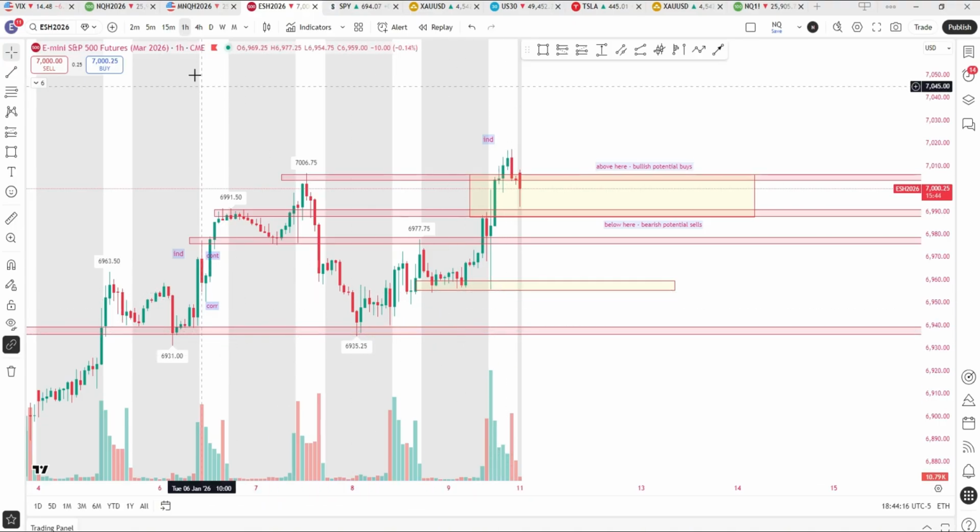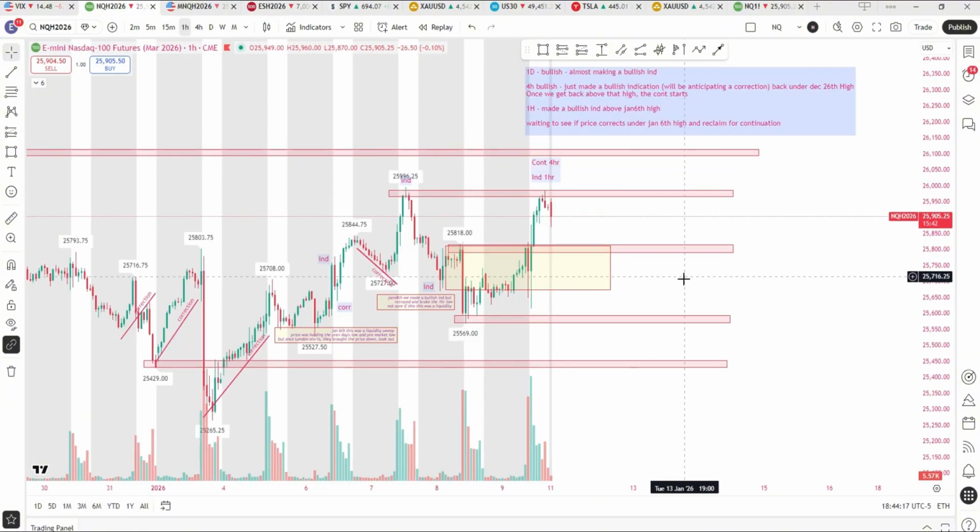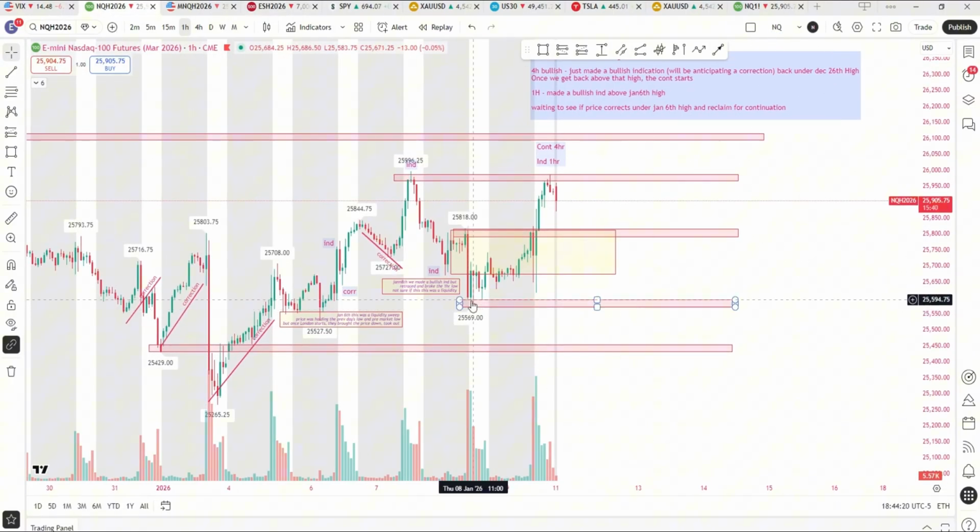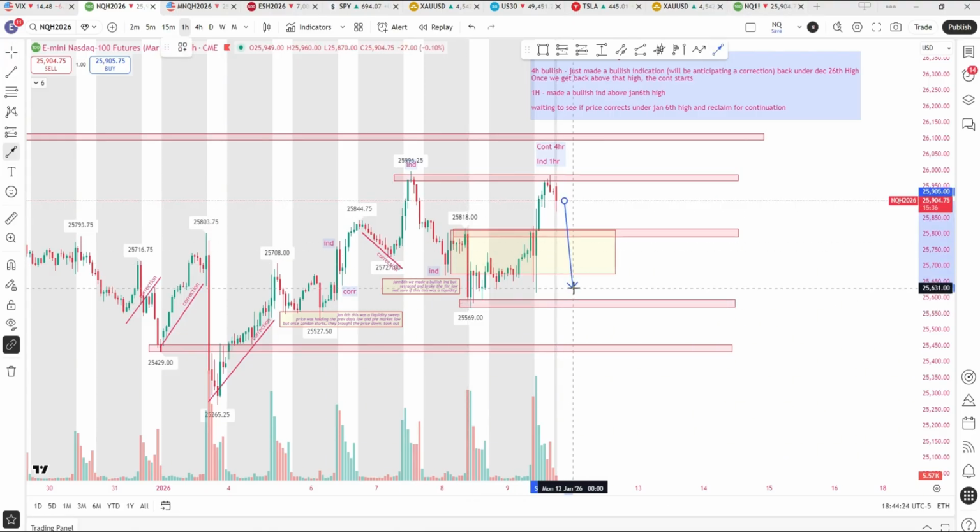Same thing as NQ. This is my invalidation point on NQ right here. So basically, if price dips all the way back down here, breaks this significant low that we created, we tapped multiple times, as you can see, price held. But if we break this low, we could see some potential downward move to this, which is my first target.